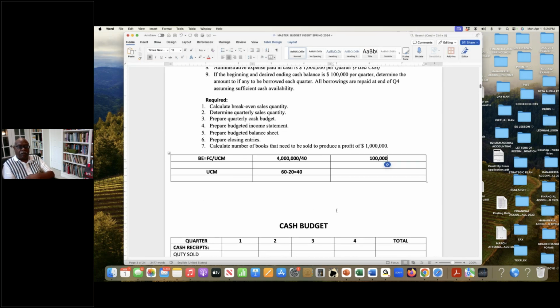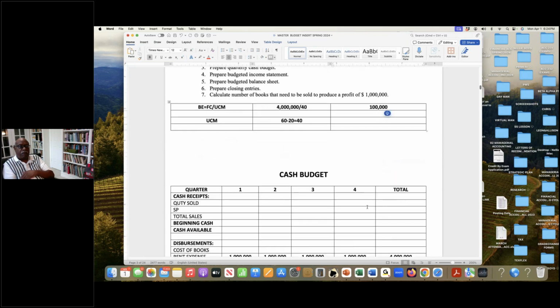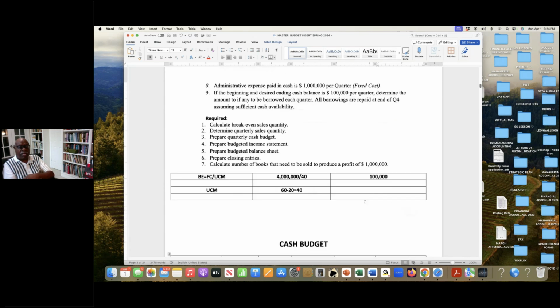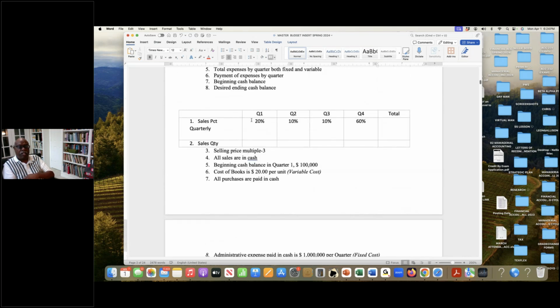Okay, so now once we calculate this break-even amount, we're gonna bring that down here, 100,000. Now we got to break the 100,000 down by how much is sold each quarter. So we'll copy these.